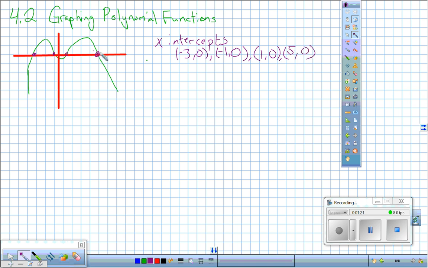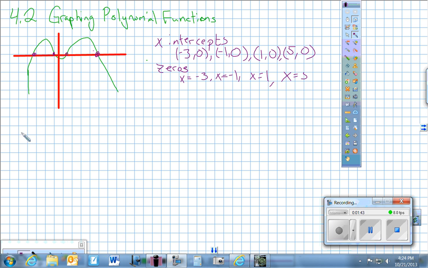So those would be my x-intercepts. My zeros, however, would be x equals -3, x equals -1, x equals 1, and x equals 5.